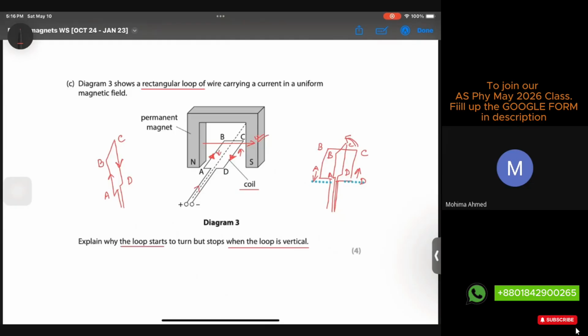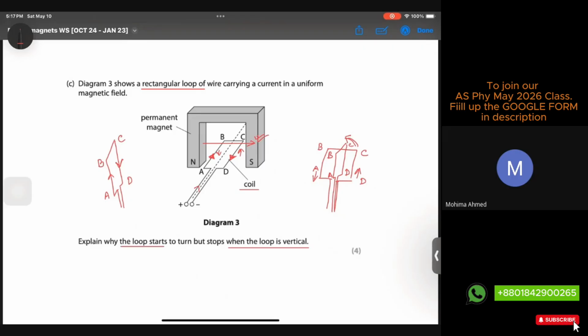If they are parallel, we don't have any force. According to Fleming's left-hand rule, we get zero force when field lines from different sources interact parallelly. So at the vertical position, all the field lines are parallel, and that's why we could not see any force exerted on the loop. If there is no force, the loop will not move at all. It will just stop exactly at the vertical position.